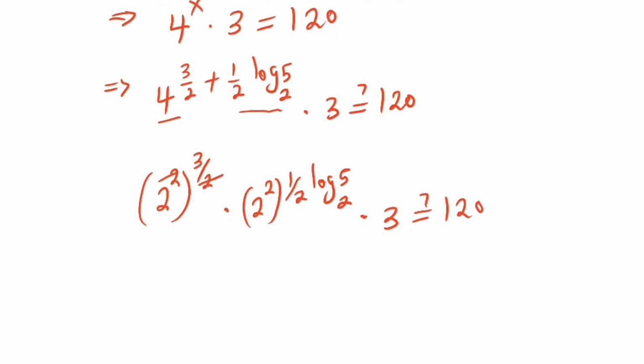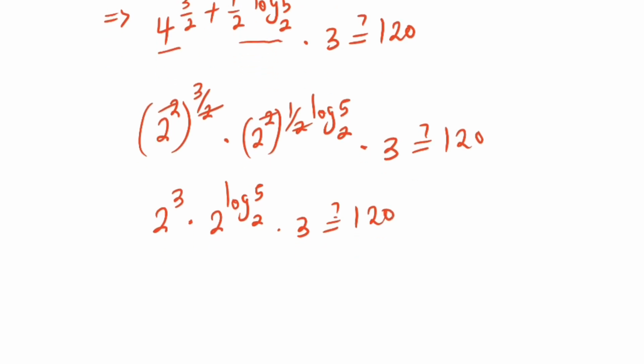These two cancel, these two cancel. This is 2 raised to power 3 multiplied by 2 raised to power log 5 base 2 multiplied by 3 must be equal to 120. 2 raised to power 3, this is 8 multiplied by 2 raised to power log 5 base 2 multiplied by 3 must be equal to 120.